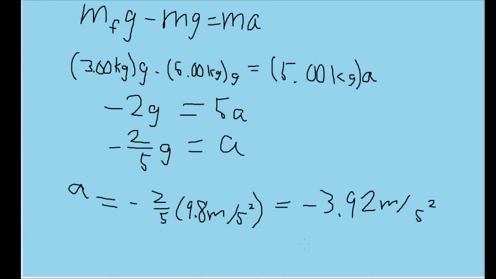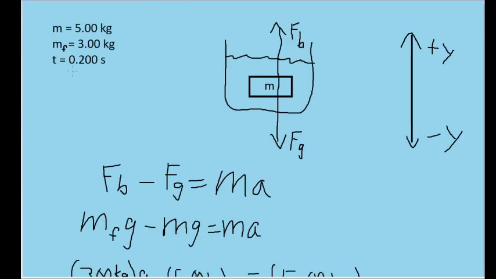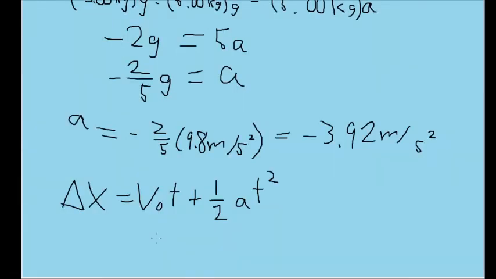That is the acceleration of the object once we release it, but we are looking for the distance that it will move over the course of 0.2 seconds. Now we have some kinematics formulas that can help us describe motion that we can use to find the distance that it will travel. One of these kinematics formulas states that a change in position is going to be equal to the initial velocity multiplied by the time, plus half of the acceleration times the square of the time elapsed.